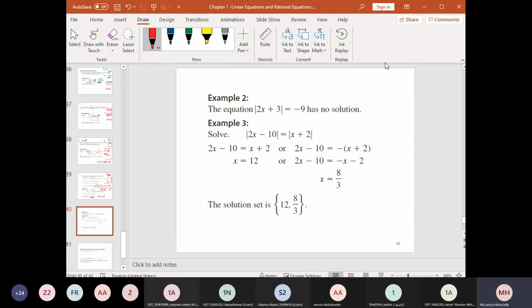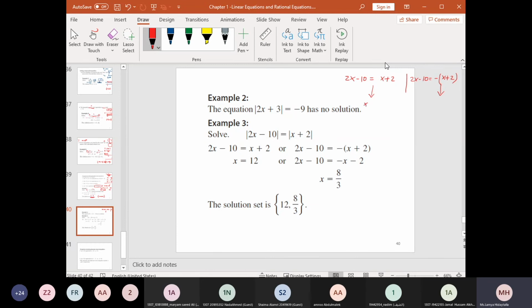The first one: 2x minus 10 is equal to x plus 2, and then solve. The second case: 2x minus 10 is equal to minus, don't forget minus all of what's coming next, x plus 2. Then solve this for x and that for x and get the values.